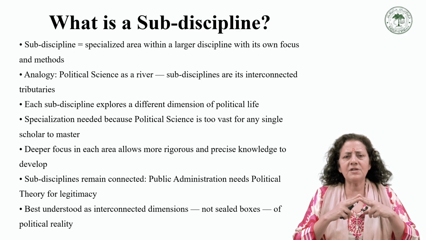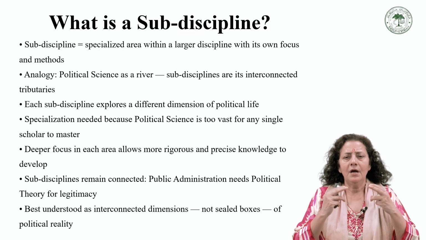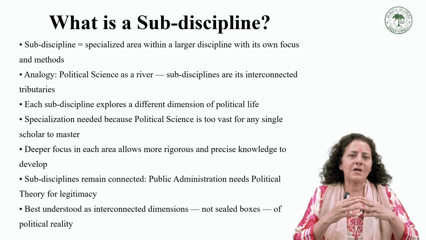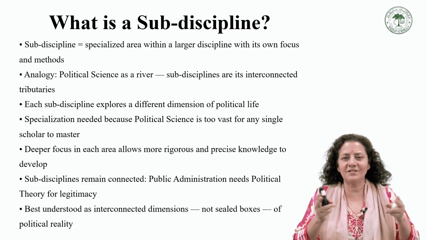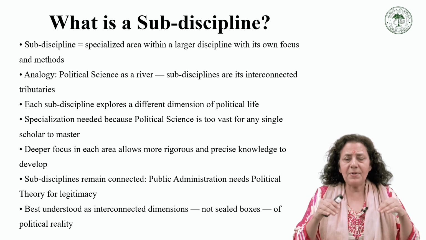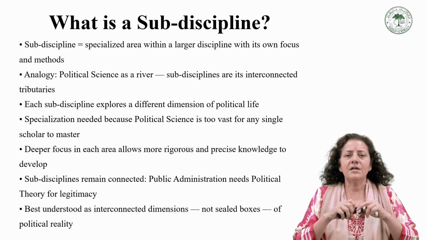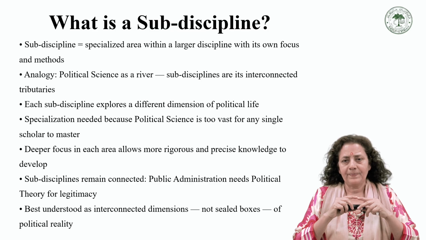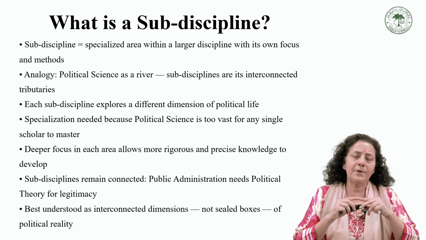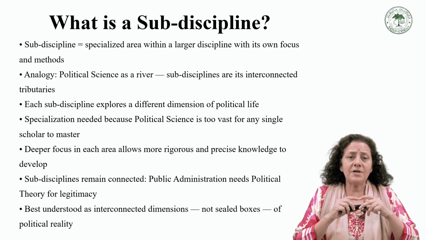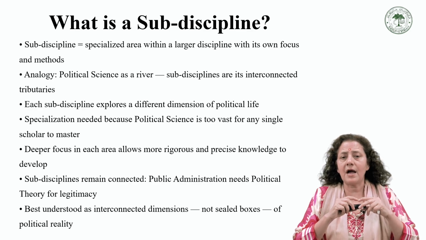Why does a discipline divide into subdisciplines? As knowledge grows, any discipline becomes too large and complex for a single scholar to master entirely. Specialization allows scholars to go deeper into a particular area and develop more rigorous knowledge. At the same time, the subdisciplines remain connected. A student of public administration, for example, needs political theory to appreciate questions of legitimacy and accountability.